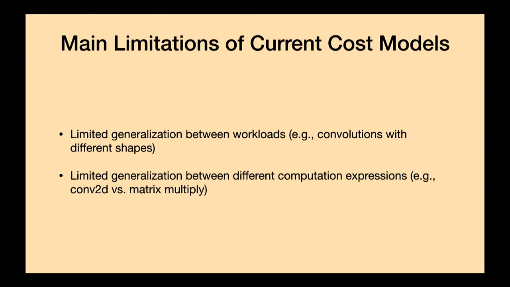And so because of these limitations, our current approach is that every time we have convolutions of different shapes, for example, we will eventually train a separate cost model. And for different compute expressions, we'll eventually train a separate cost model to handle the tuning for those as well. And all of this extra training of cost models takes time.